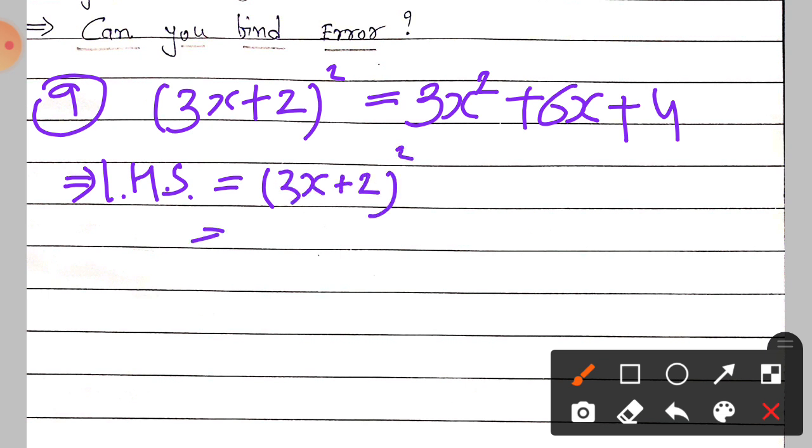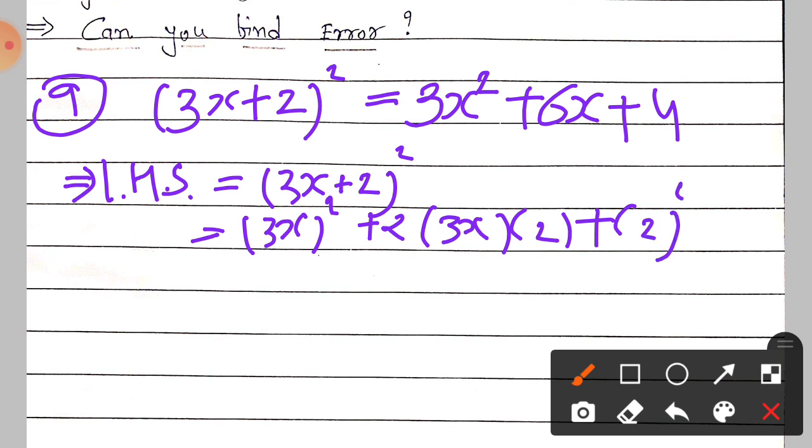To open this bracket we use our identity: 3x square plus 2 multiply 3x into 2 plus 2 square, that is 9x square plus 2 times 2 times 3 is 12x plus 4.